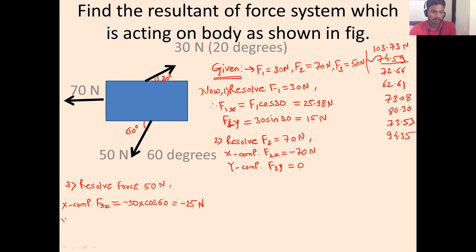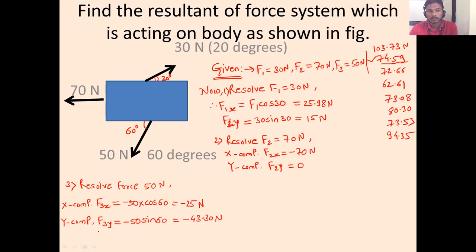Y component: F3y equal to minus 50 sine 60. Calculate how much it is. Minus 43.30 Newton.